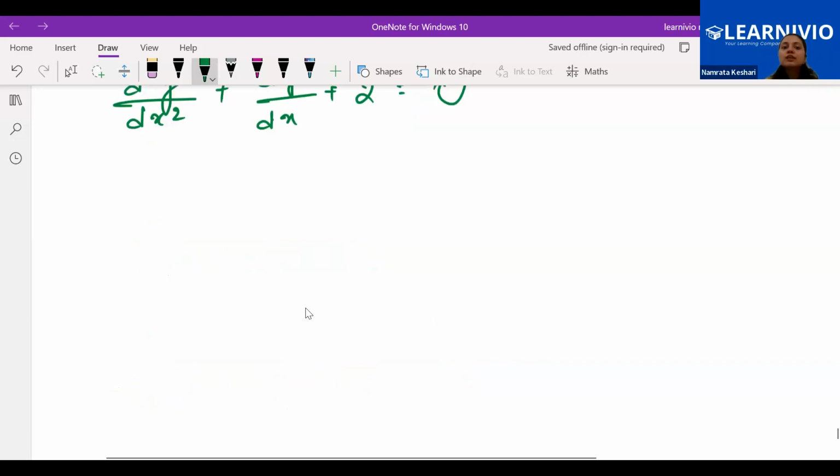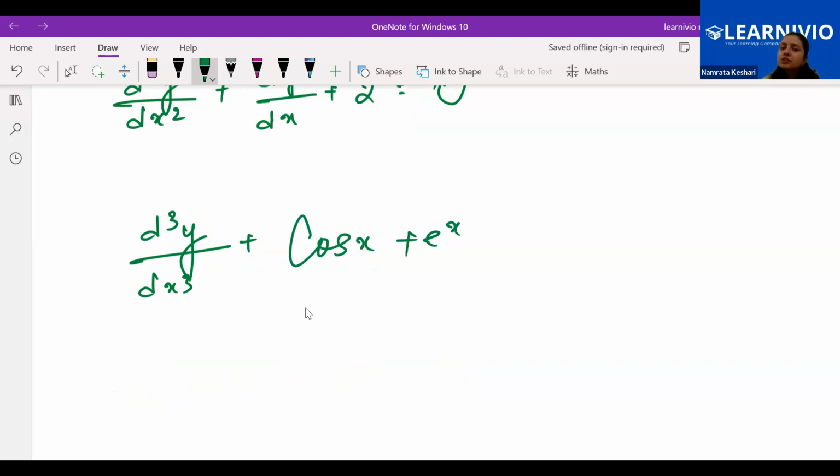Now a differential equation of order 3 will look like this: d3y dx3. After that, d2y dx2 or dy dx can be there or not, it doesn't matter. If a 3 times derivative is there, it is a differential equation of order 3.